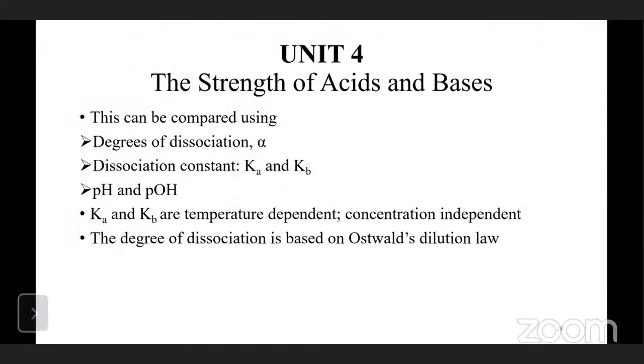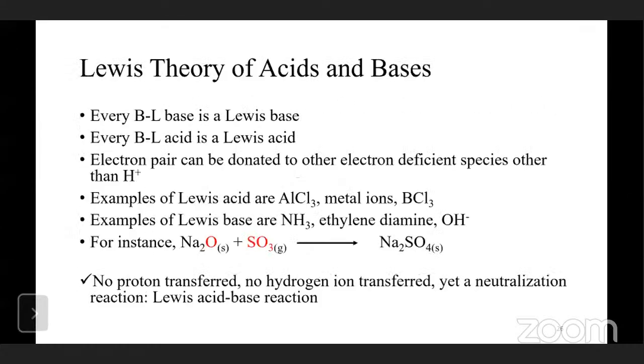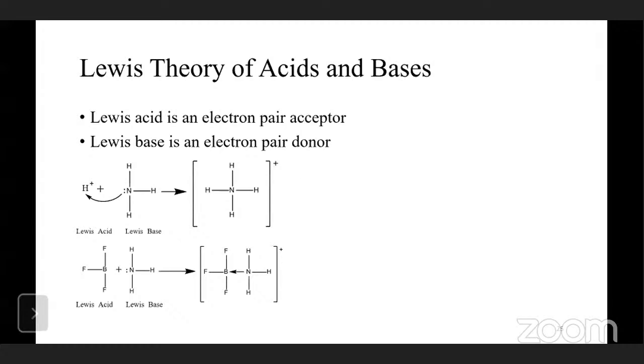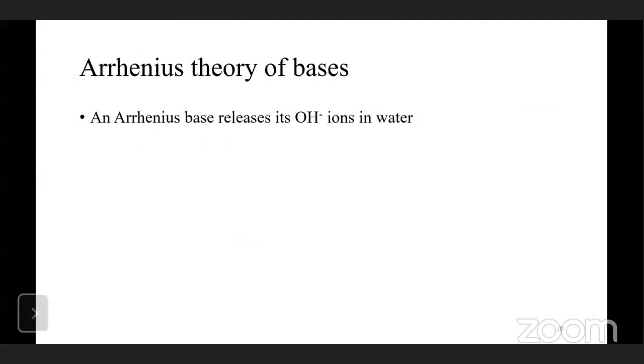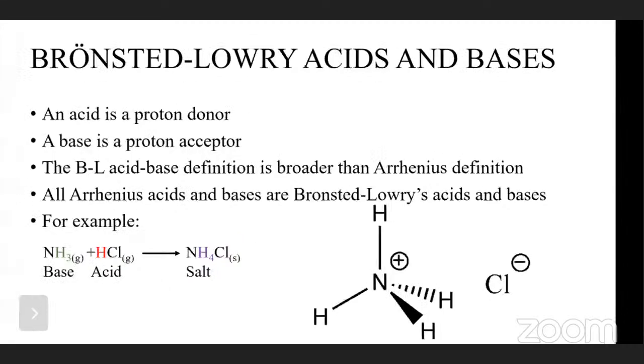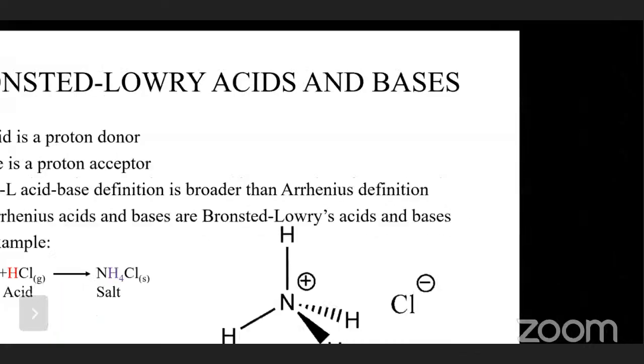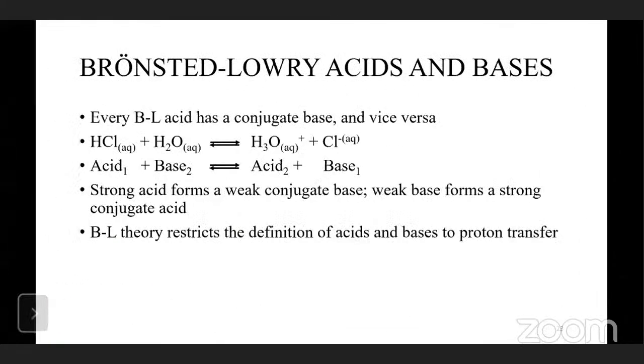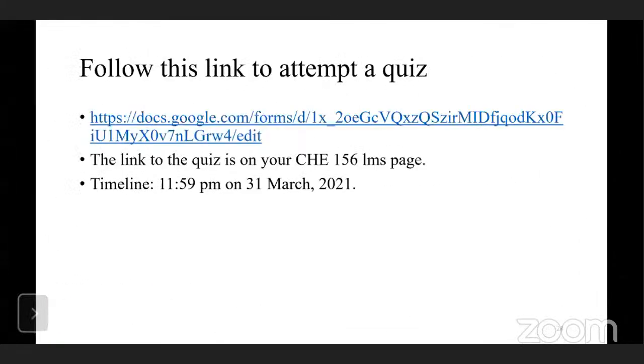All right, class. In the last class we briefly looked at some definitions of acids and bases, where we considered the Arrhenius definition, the Brønsted-Lowry definition, which says an acid is a proton donor and a base is a proton acceptor. We also looked at Lewis' definition of an acid.